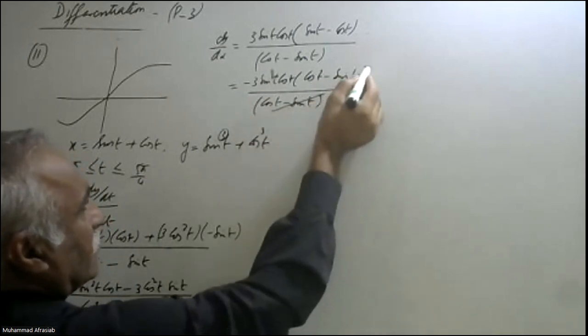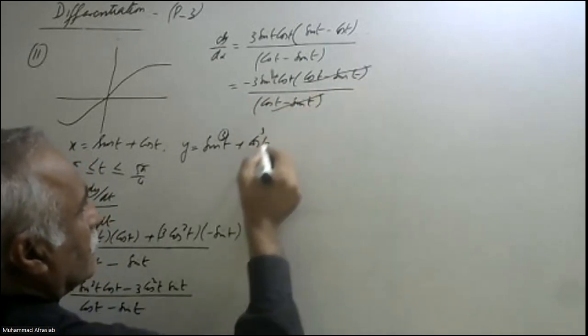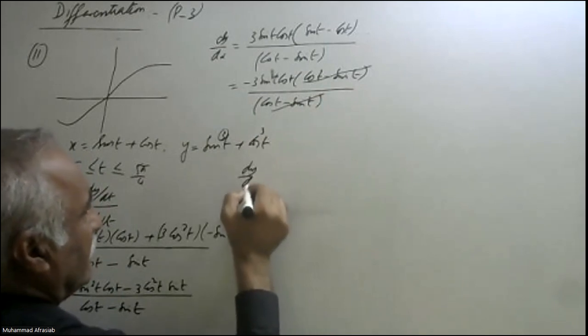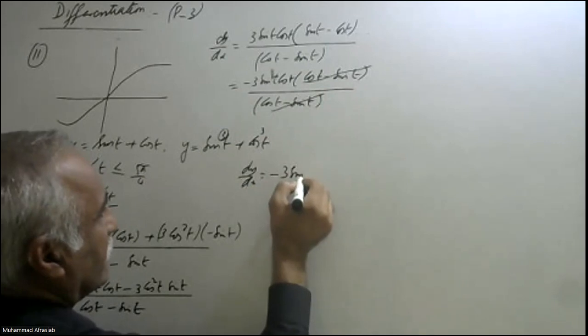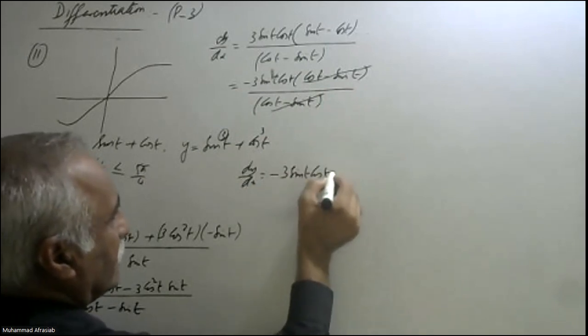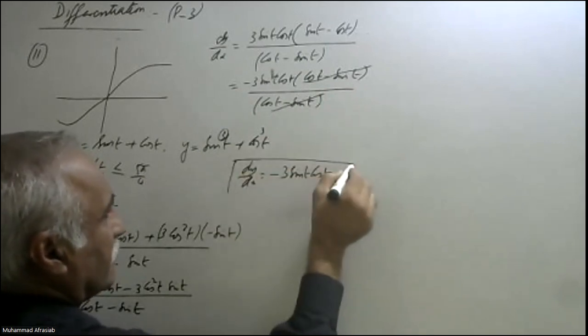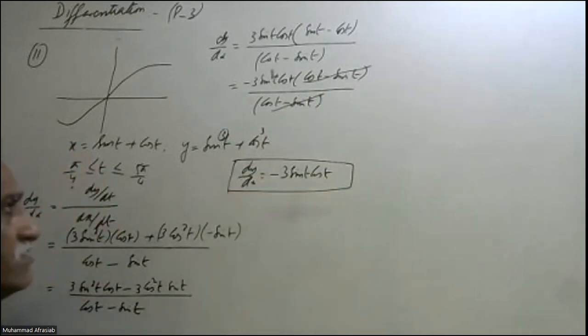This and this are going to cancel out. So dy/dx is equal to minus 3 sin t cos t. This is the answer to the first part, finding dy/dx for this parametric equation.